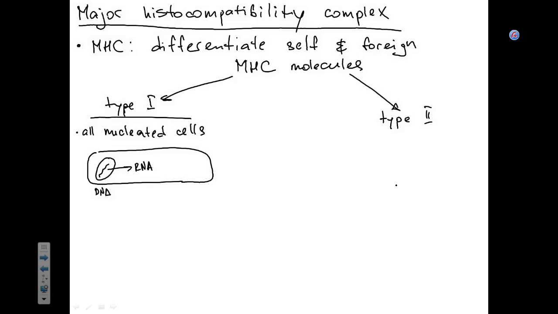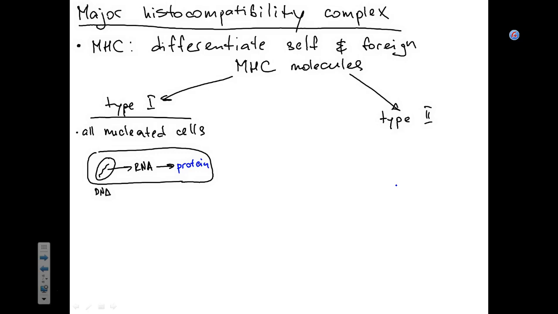And RNA is translated into the protein. Is that protein an antigen? Yeah, it can be. But in the case of a normal cell, it's a self-antigen. The immune system doesn't recognize it. Do you agree with me?